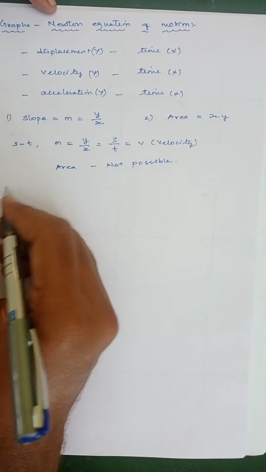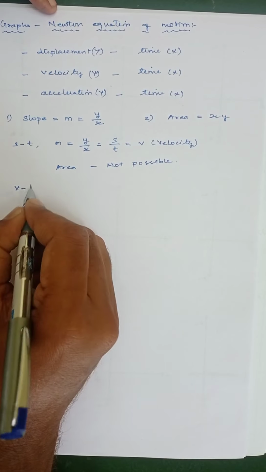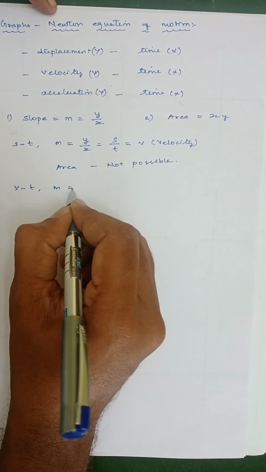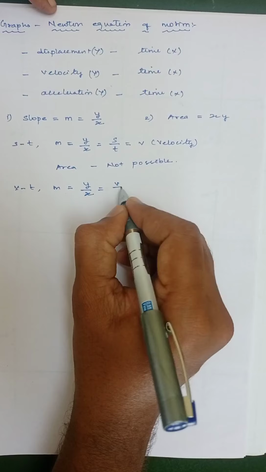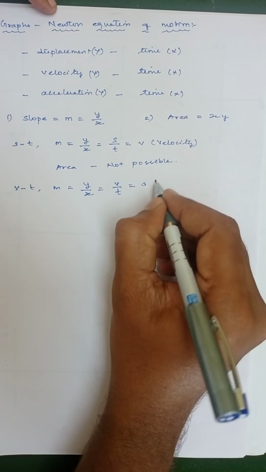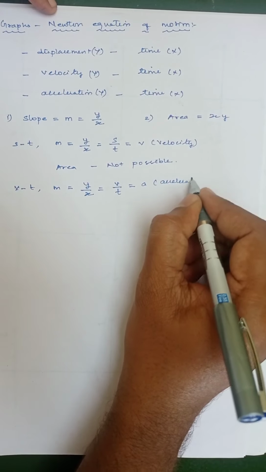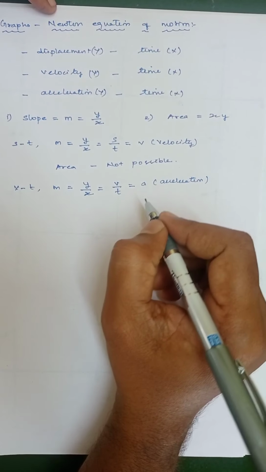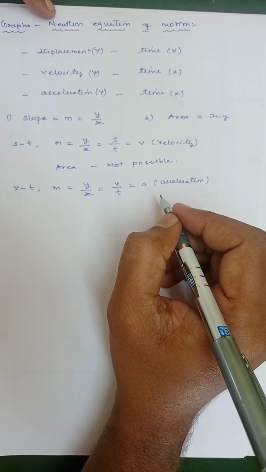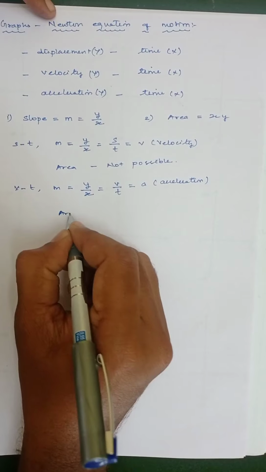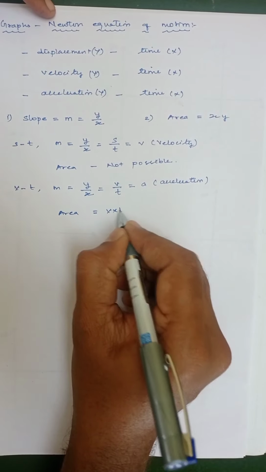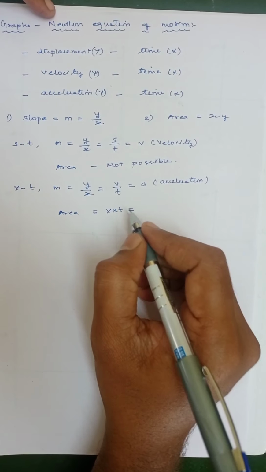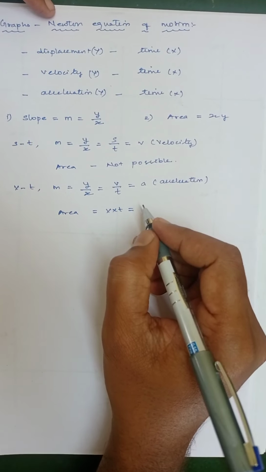And then second, the velocity-time graph, where m is equal to y by x, velocity by time, equal to acceleration. So it gives acceleration, and area is equal to velocity into time.